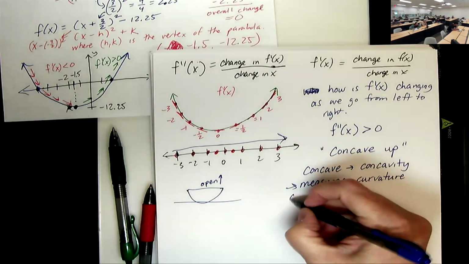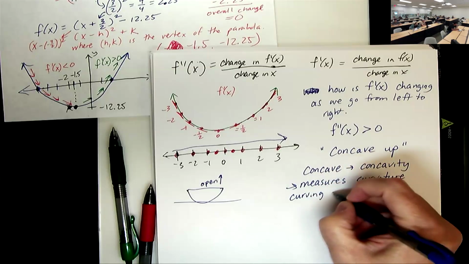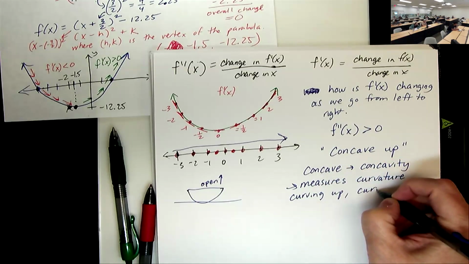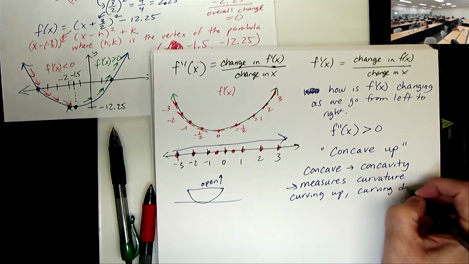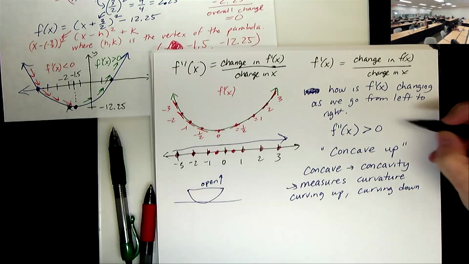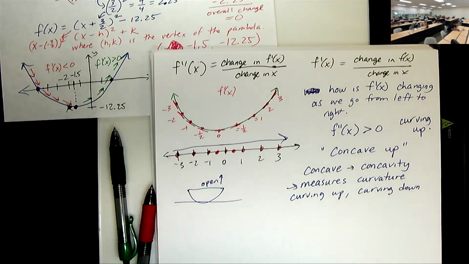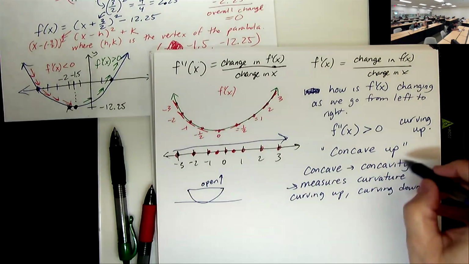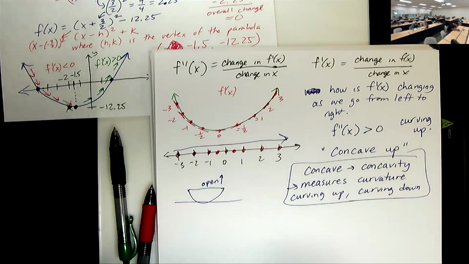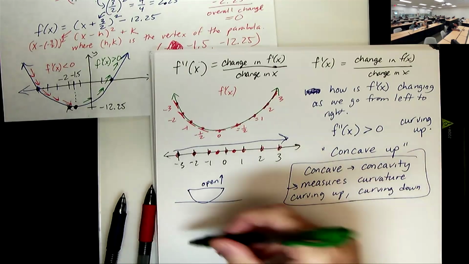So is it curving up or curving down? Yeah, and this one is curving up. This is in general for both things. We're gonna do the other angle going downward in a second.